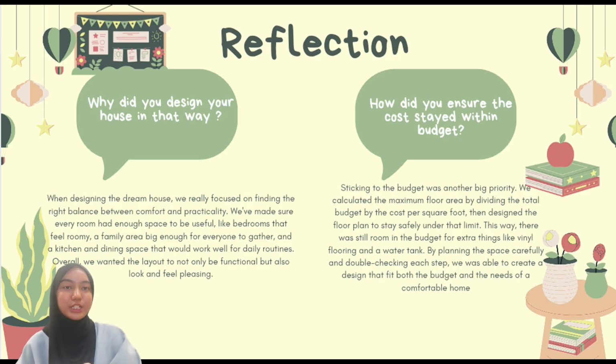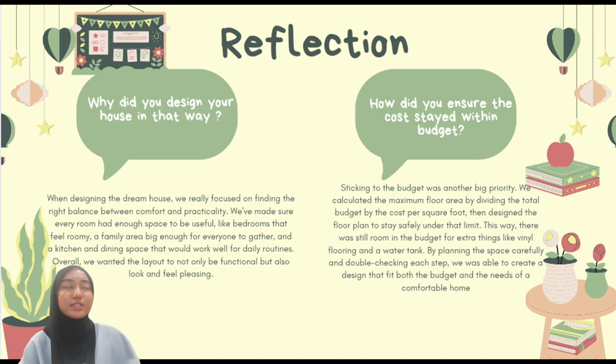Next, the question is, how did you ensure the cost stayed within the budget? My answer is, sticking to the budget was another big priority. We calculated the maximum floor area by dividing the total budget by the cost per square foot, then designed the floor plan to stay under that limit.